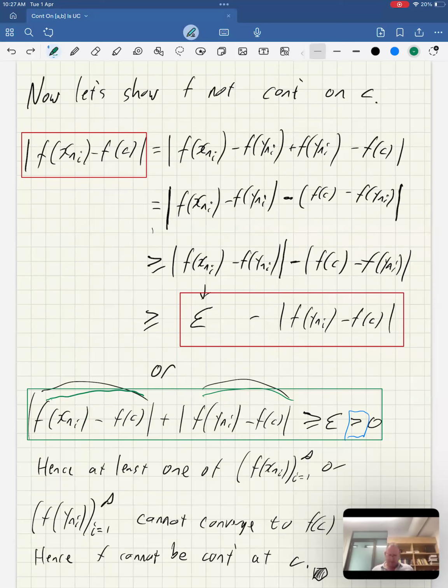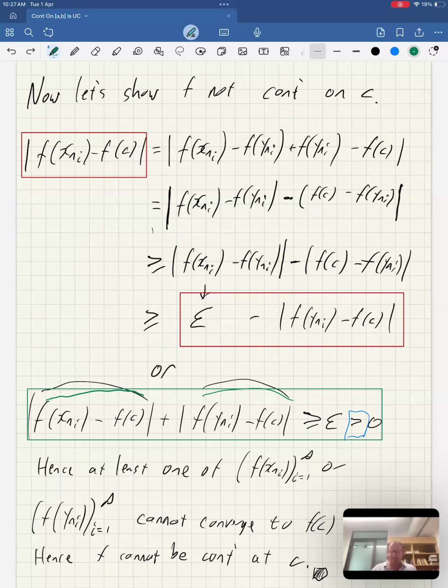So there exists a sequence, either x_{n_i} or y_{n_i}, where both of the n_i's were determined by the x, but there exists a subsequence that cannot converge to f(c). So according to the sequential limit definition of continuity of a function at a point, f cannot be continuous at c. And that's the end of the proof.